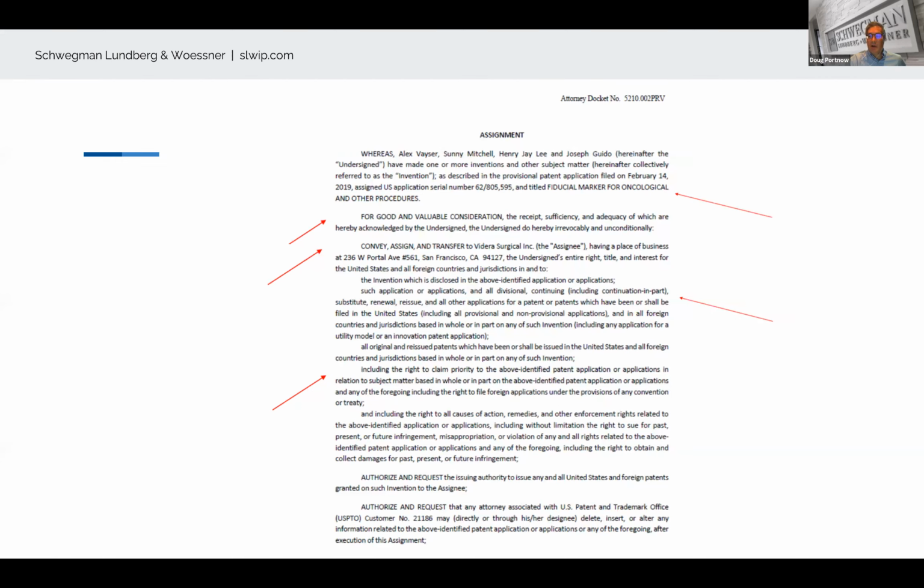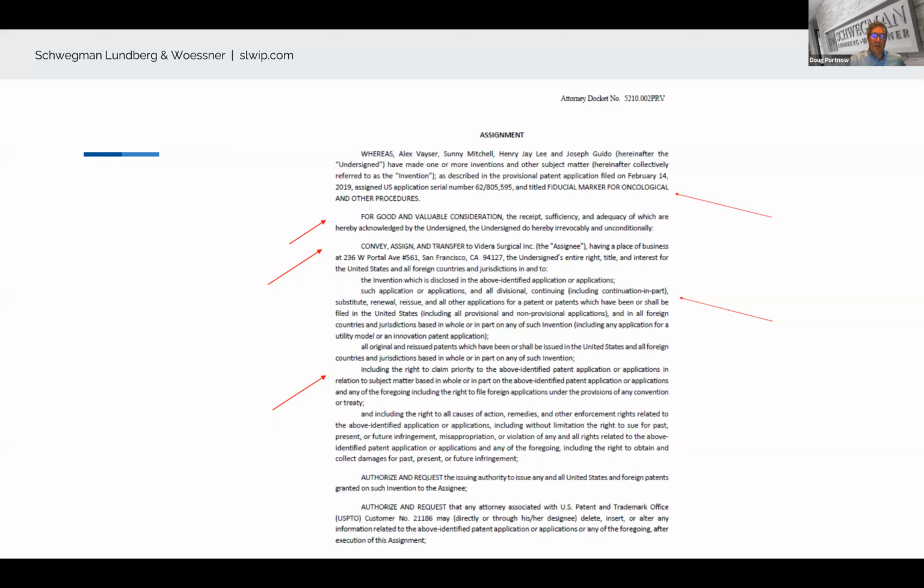Remember, contract law requires consideration, meaning compensation. And then the next arrow on the left highlights the fact that we are conveying, assigning, and transferring to this company the patent that's listed above. What we look for in that situation is what's called a present assignment clause, not a future one.